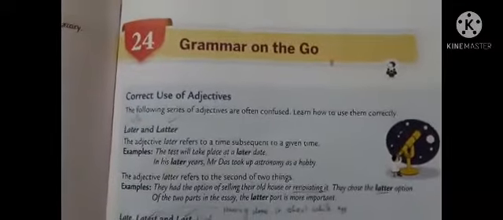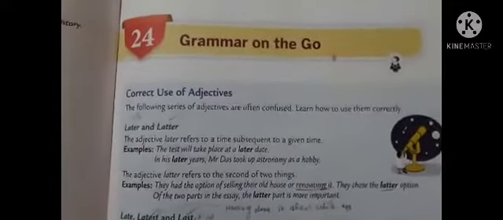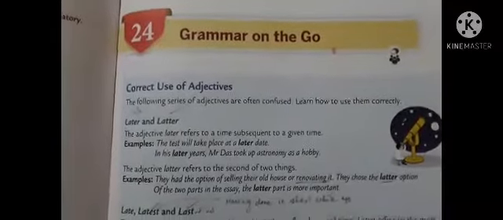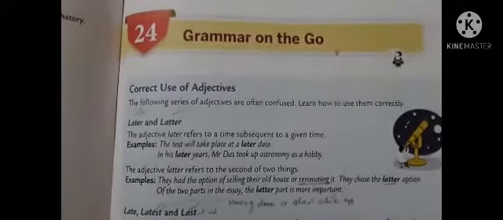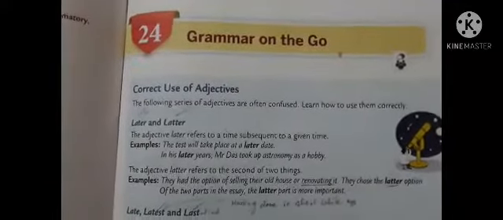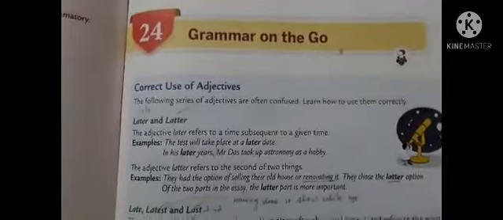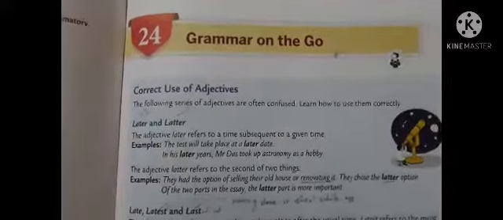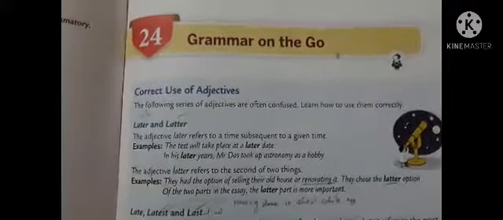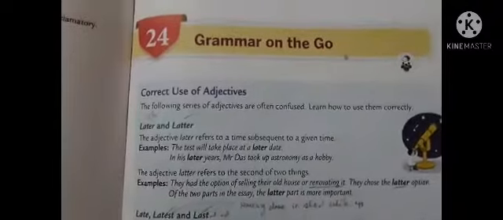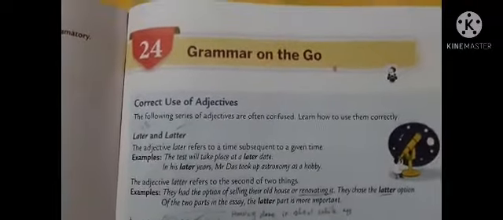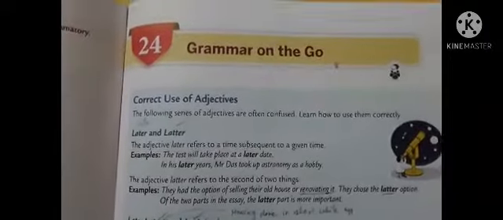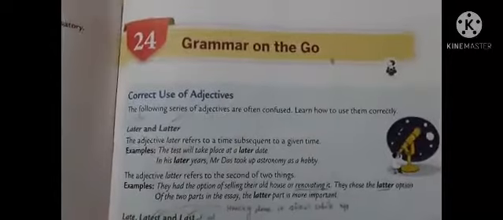The definition of adjectives, you know, and kinds of adjectives well, but when we use adjectives in our speaking, we tend to commit errors. We make so many mistakes in our speaking when we use adjectives. So in this video, let us see the correct use of adjectives.